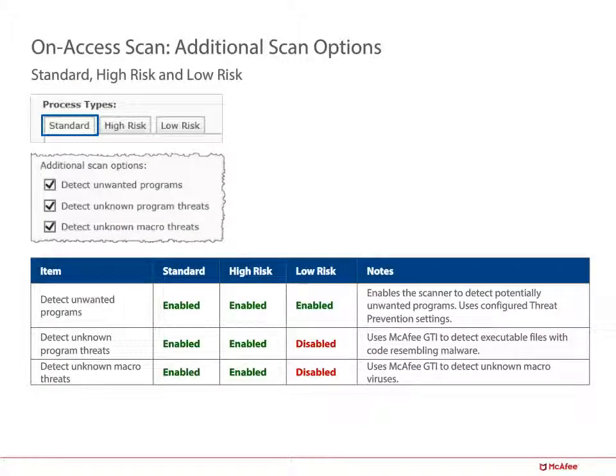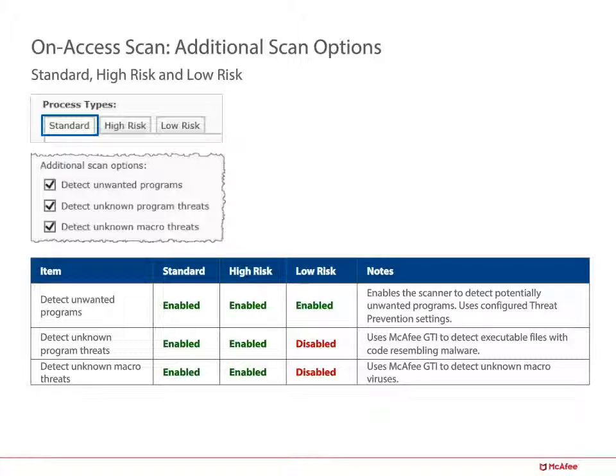Additional scan options that we have for the standard, high risk and low risk: we have the section for detect unwanted programs. This gives our scanner the ability to detect any potentially unwanted programs, and it will use whatever configuration you did in the threat prevention settings.